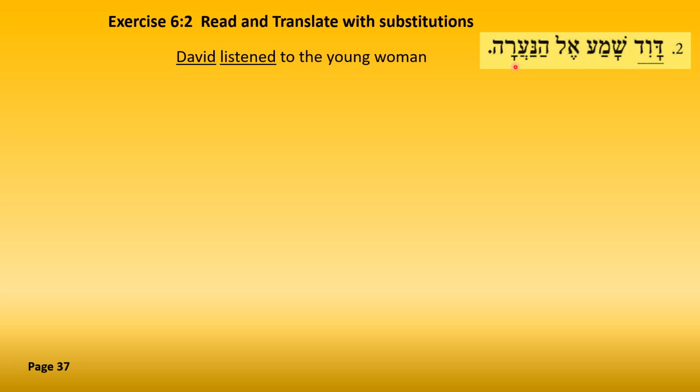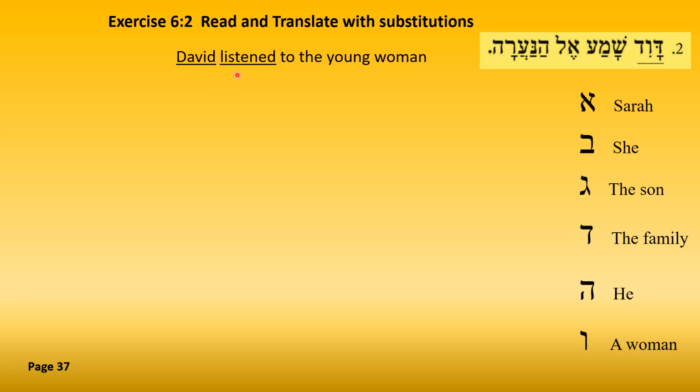Okay, David listened to the young woman. So you know you're going to be substituting David. Is there anything else in the sentence that will need to change besides the verb? In this case, we see there really isn't. To the young woman, prepositional phrase, that's going to stay the same regardless of what the subject is and the verb is. So these are the only two things that you would need to change with the substitutions.